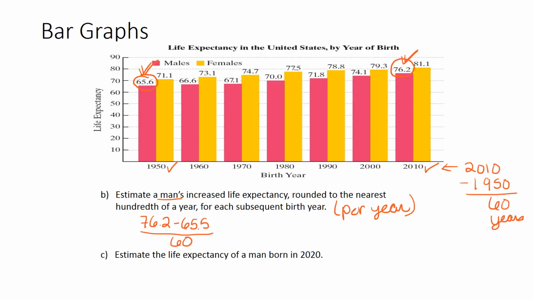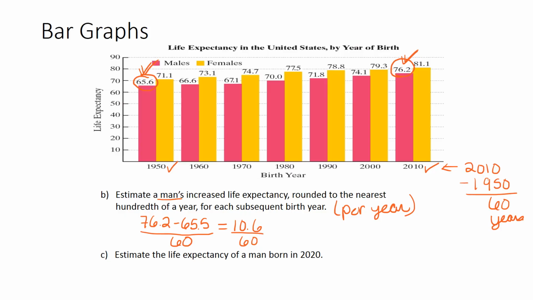Just watch, make sure that when you're punching it in the calculator, you subtract 76.2 minus 65.6, you get an answer, and then you divide that by 60. Don't hit the subtraction and hit divided by 60 without hitting enter in between, because your calculator will follow the order of operations.